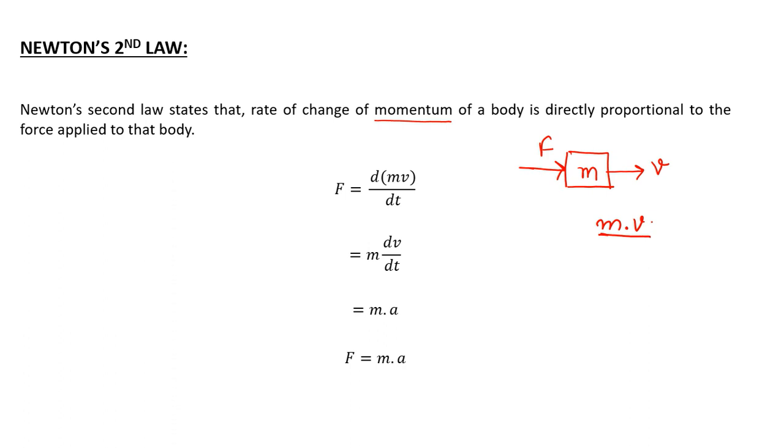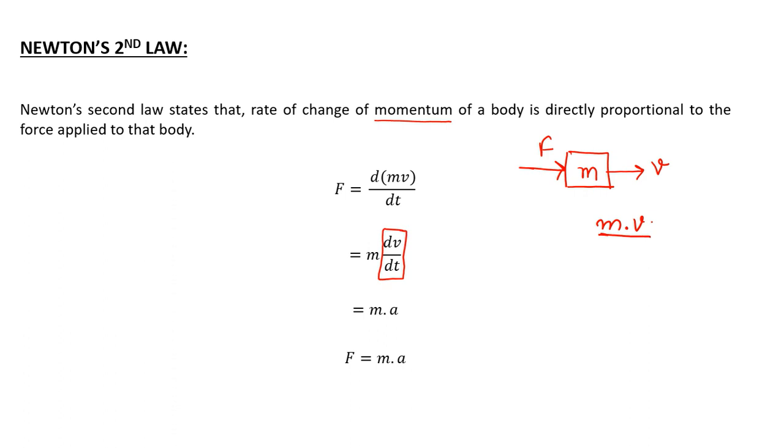Now this law states that the rate of change of momentum is directly proportional to the force applied. Meaning this F, which is force, is equal to the derivative of this momentum. As we know that the mass of this body is constant, we take m out of this derivative and it will remain dv upon dt, which means the rate of change of velocity.